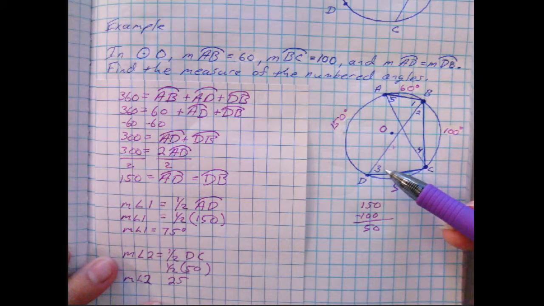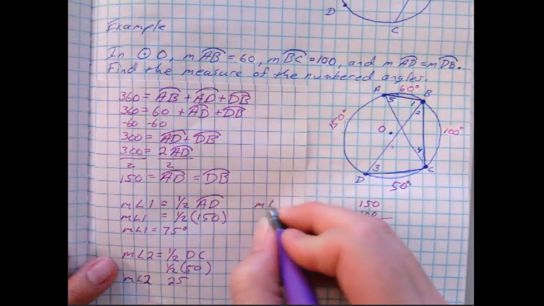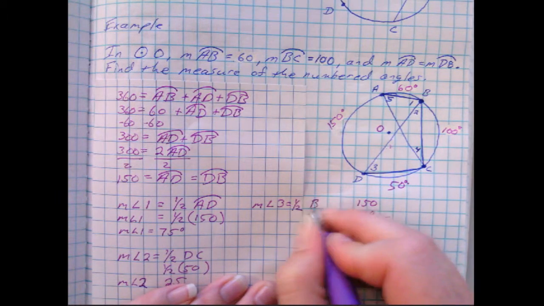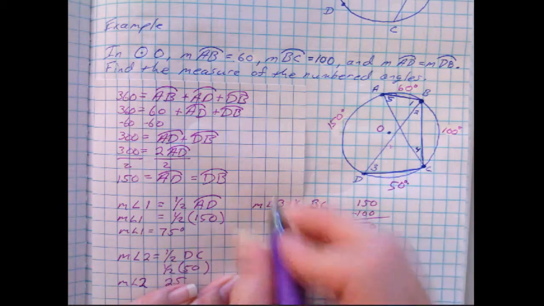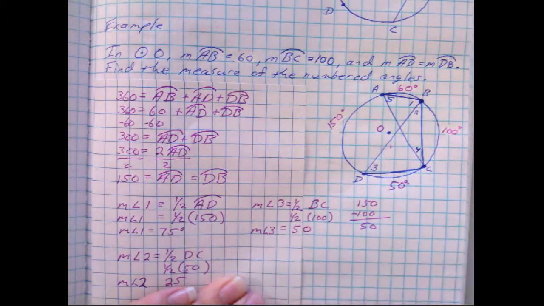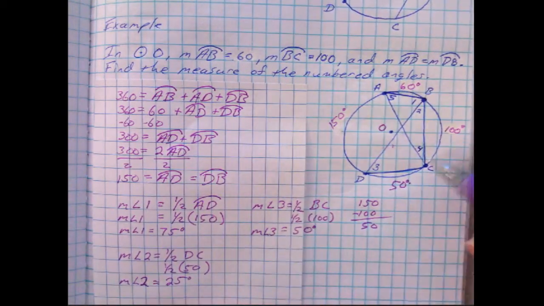Now we're going to look at angle 3. So looking at angle 3, the arc is from B to C, which is my 100. So the measure of angle 3 equals 1/2 of BC. BC is 100, so half of that is 50. So the measure of angle 3 is 50 degrees. So then for number 4, again we're going to be looking at the arc it intercepts.